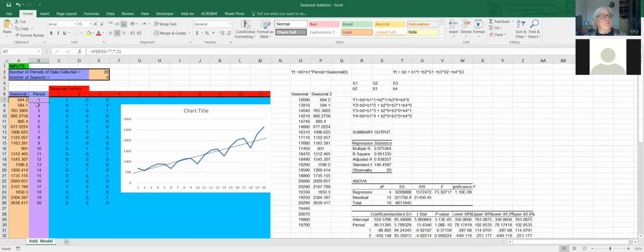Because time number 1 is season number 1, and you will see it in the template in a minute, then B2, which goes with S1, will be multiplied by 1. B2 times 1. B3 is multiplied by 0 because it's not season 2 and it's not season 3.